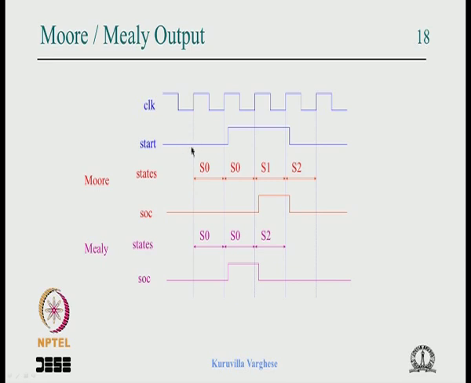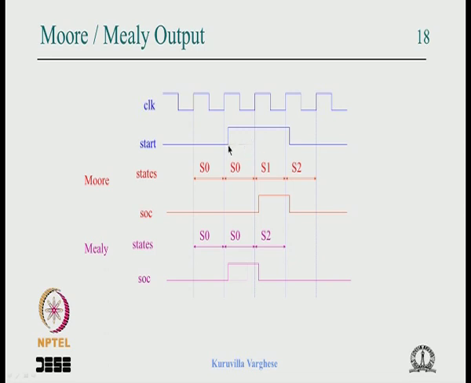It is not synchronous with our state machine clock, because it comes from a host processor, and that processor has another clock, which could be much higher than this. So this pulse can appear anywhere, and the question is what happens if the start comes late like that. I have shown it with a faint mark.